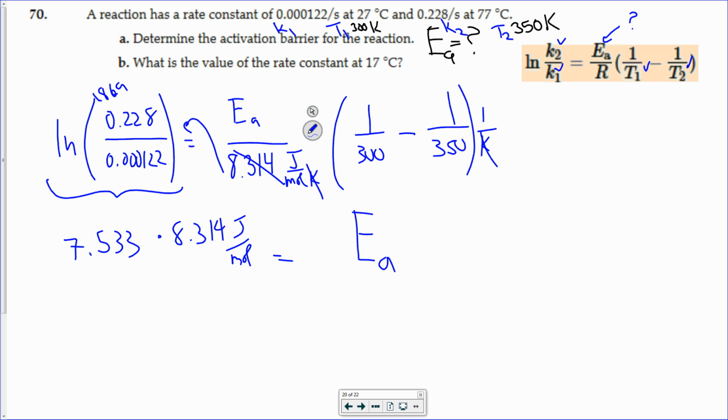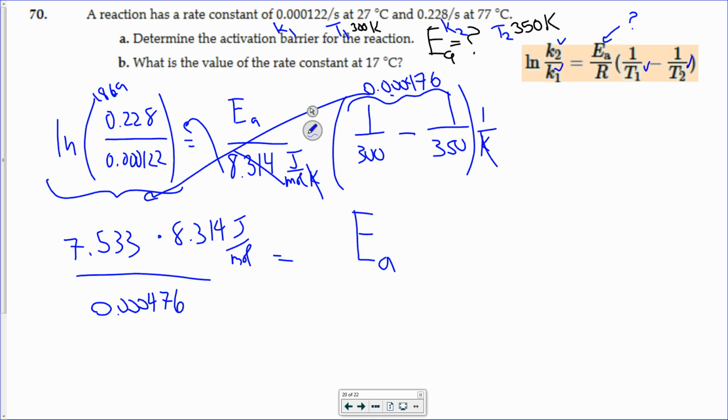And inside the parentheses, this is 0.000476. So that's on the top on this side. It's going to go to the bottom on this side. So divided by 0.000476. All right, so divided by 7.533 equals inverse. Oh, somebody else got this number? 131,000.